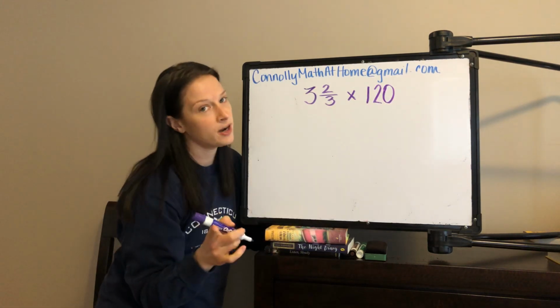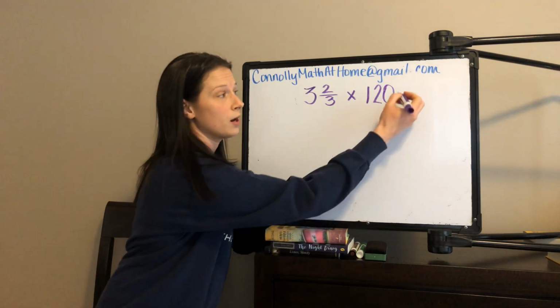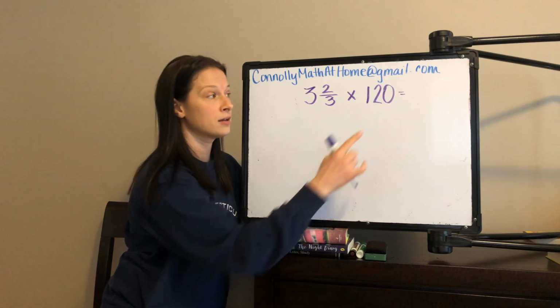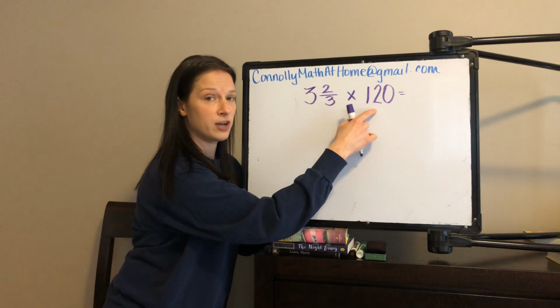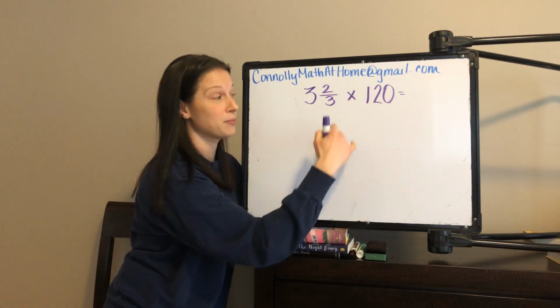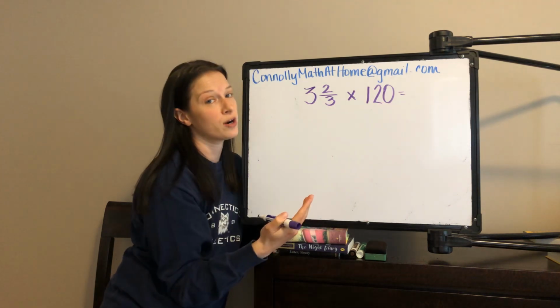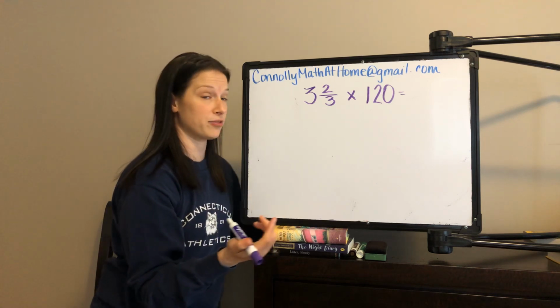And what I want you to be predicting while I'm getting going here is, will our product be greater than or less than 120? If we do 3 2/3 groups of 120, let's do biking this time, will we have biked more than 120 kilometers, or will we have biked less than 120 kilometers? So I want you thinking about that.